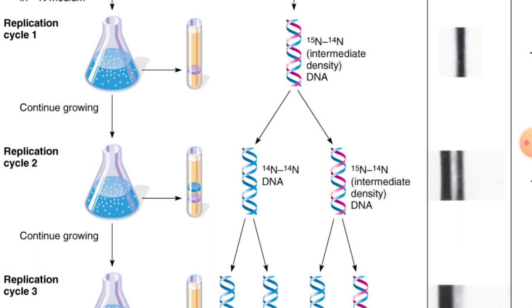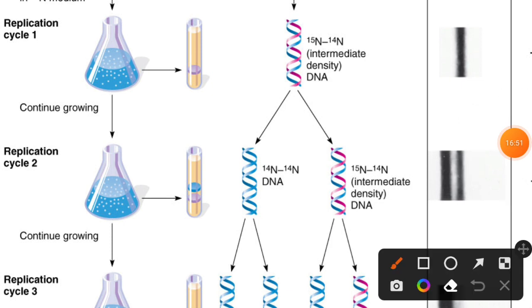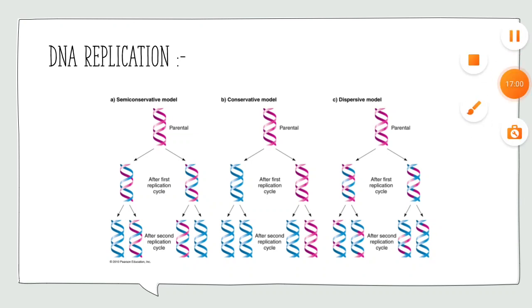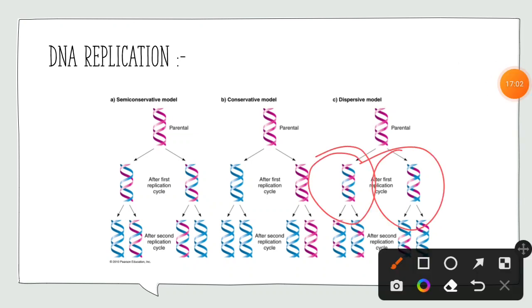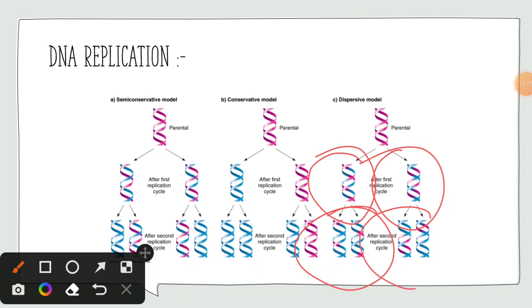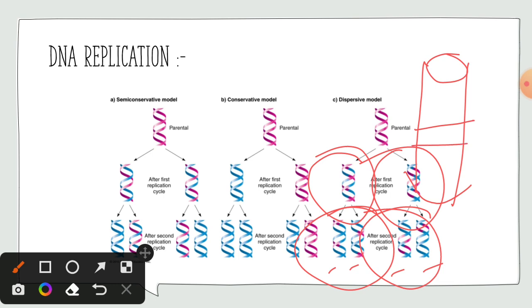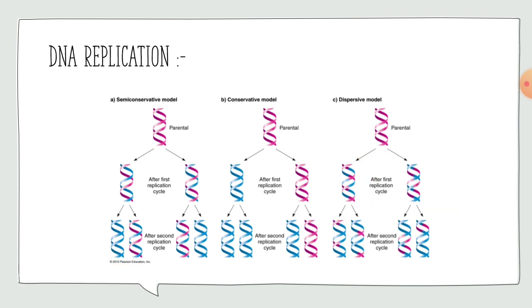If our DNA is dispersive, then we will again get one band, isn't it? Because if you see this picture, the composition of these two bands and the composition of these four bands after the second replication cycle are exactly the same, right? So after the second generation, we would again get one band in the test tube, but in reality we got two bands.